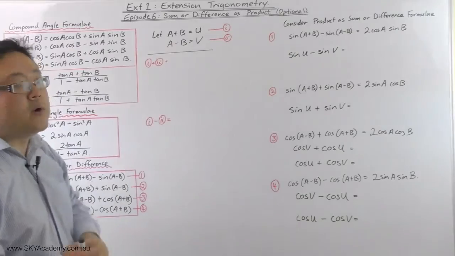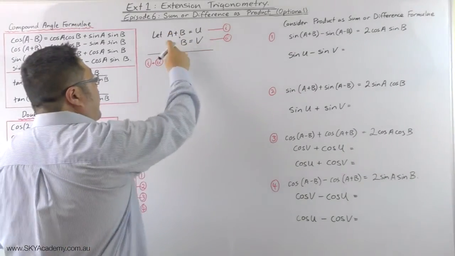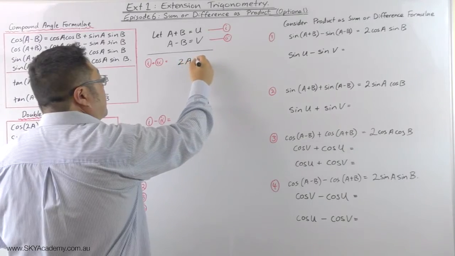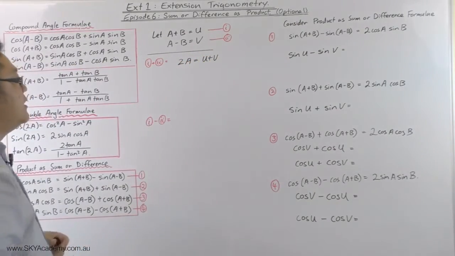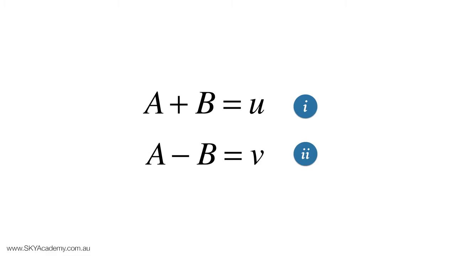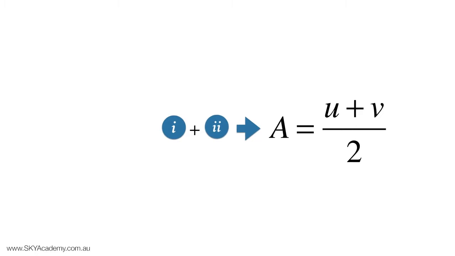When we add these two equations together, the b's will cancel out, but we have 2a equaling u plus v. Does that make sense? So if that's the case, what will a equal? a will be equal to u plus v on 2. And that's going to be very important to us.